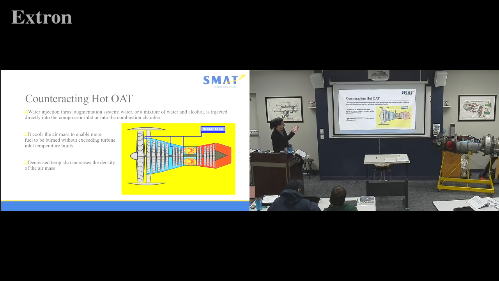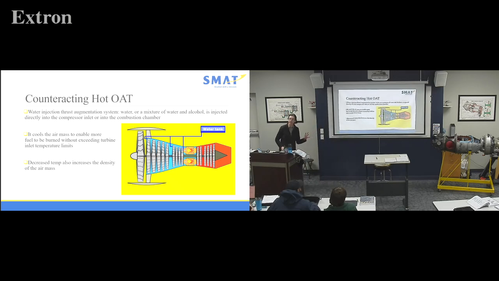So one thing that they've done is a water injection thrust augmentation system, where they mix water and alcohol together and inject it directly into the compressor inlet or combustion chamber. So you've got a water tank and then lines going down with little injectors.